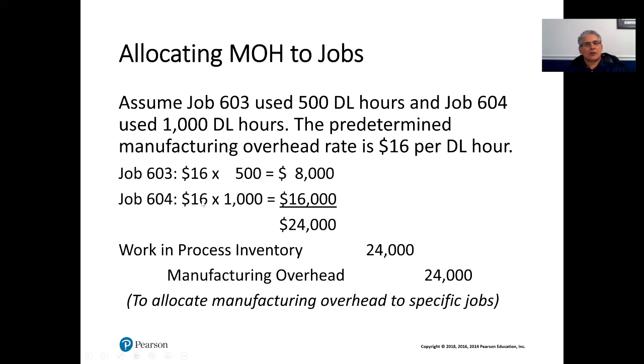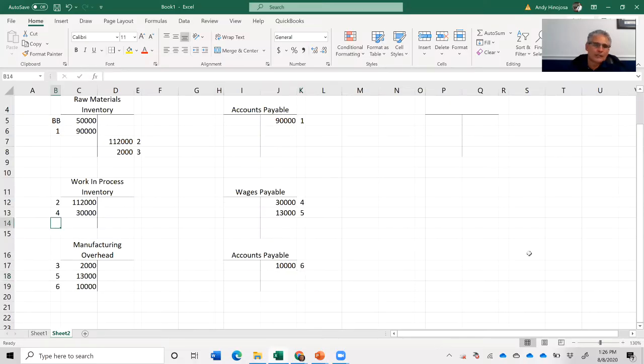And $16 times 1,000 is $16,000. So the total amount allocated to work in process is $24,000, and the credit is going to be to manufacturing overhead. So this will be number 7, $24,000, and then we're going to credit 7 and $24,000.